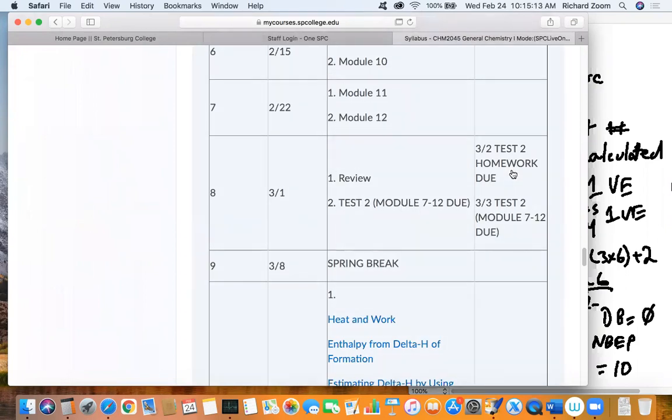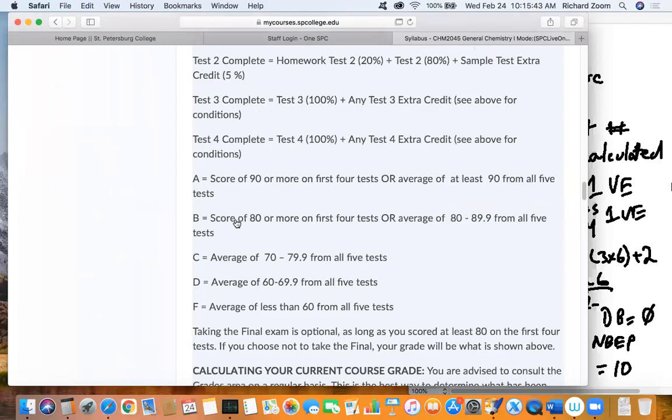All the homework is going to be due on Tuesday of next week, which is the 2nd of March. And the test itself will be due on the 3rd of March. There won't be class that day on the Wednesday. You do not have to wait until the Wednesday to get that test done. It can be done anytime up to that point. Does anybody have any questions?